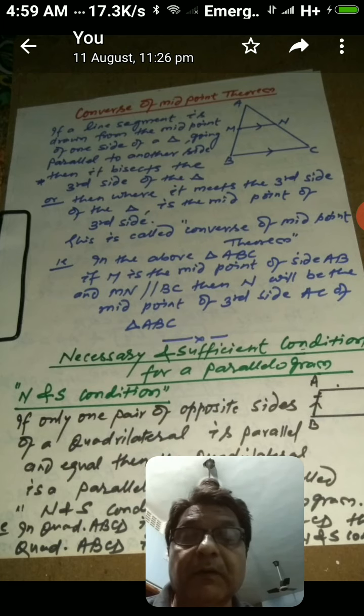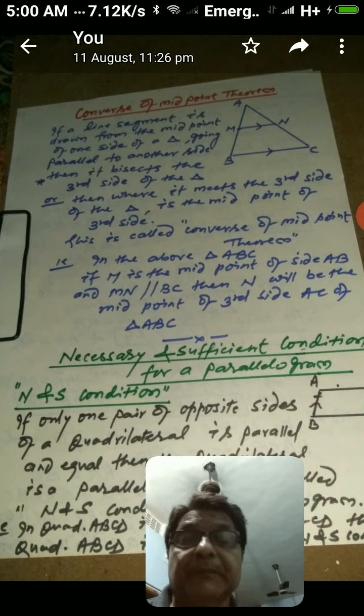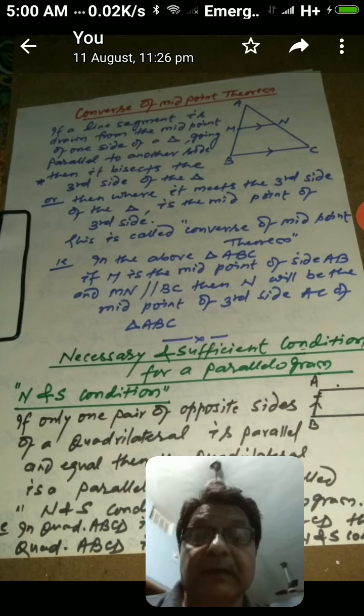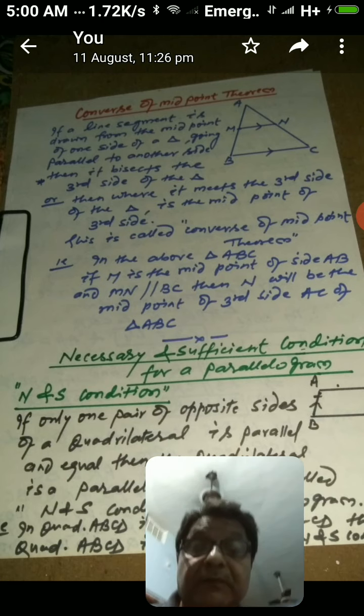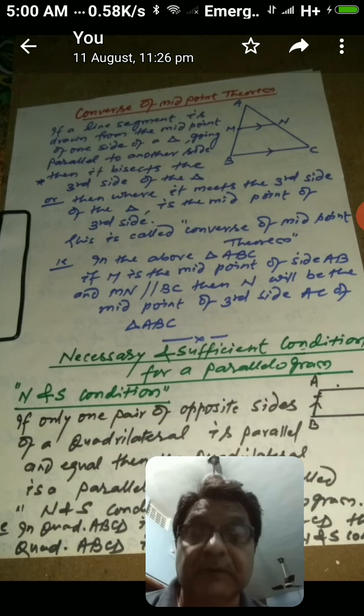This is called the converse of the midpoint theorem. It will be widely used in solving NCERT exercise 8.2, where very good questions are given, which will be proved on the basis of the converse of the midpoint theorem.